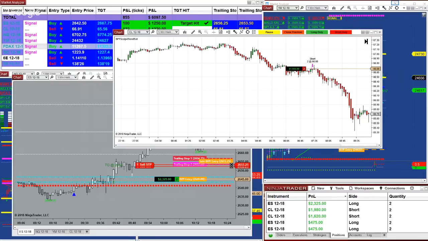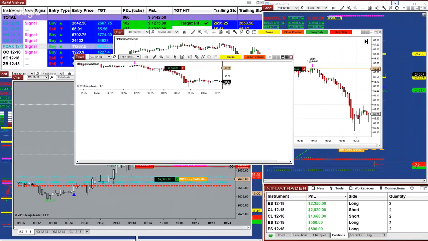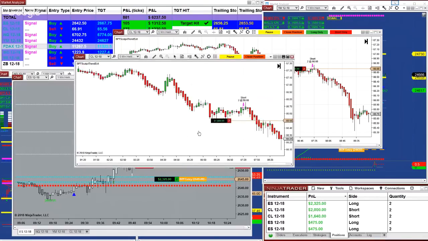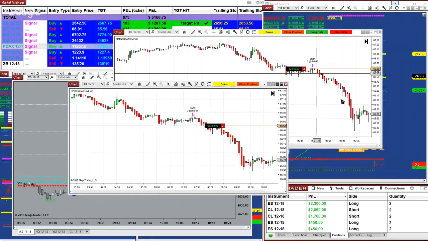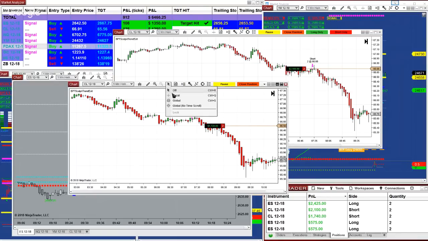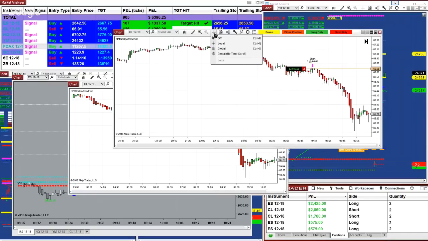To our members, one is filtered and one is not filtered. This is the difference between unfiltered, and this one is the filtered one. The filtered one took a late entry. Took it at 7:20.